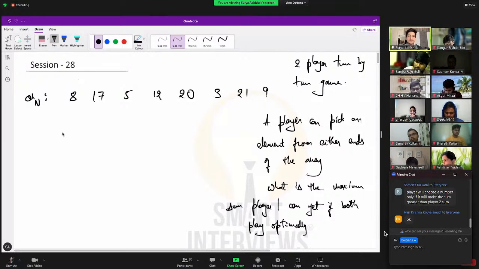So we need to figure out what is the optimal way, what is the global optimum here. As Samarth mentioned, we have an optimal substructure here. But how do you break down this problem first? How do you understand this problem in a more DP-like way?